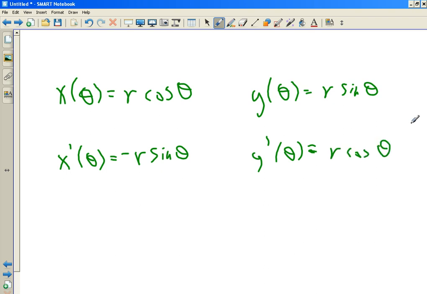Was this terrible so far? No. All right, now they said, give me the arc length for theta varies from 0 to 2 pi. So how do you do the arc length?